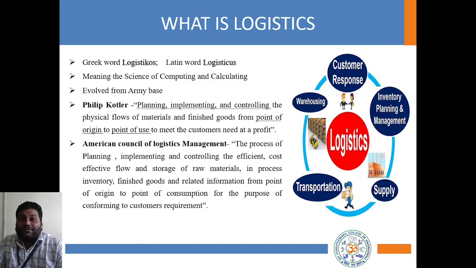Whatever the customer requires is the major case over here. How the customer responds matters, so it is like a cyclic process as seen in the image. Inventory planning and management goes to supply, which is transported to warehouses and again transported to the customer, where the customer's response is taken into account for the inventory, supply, transportation, and warehousing.